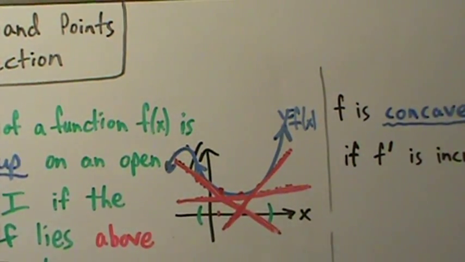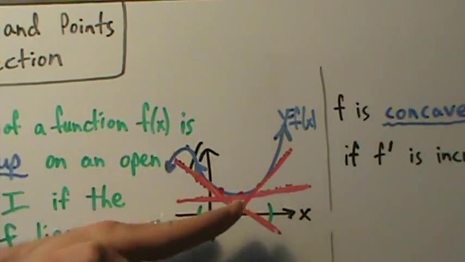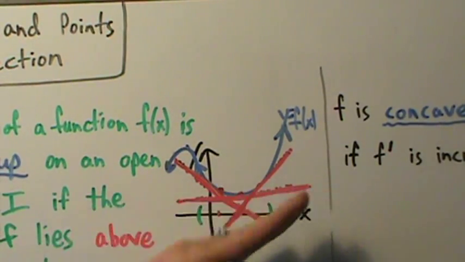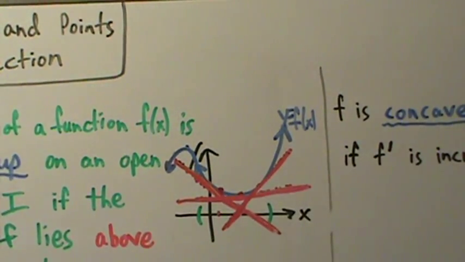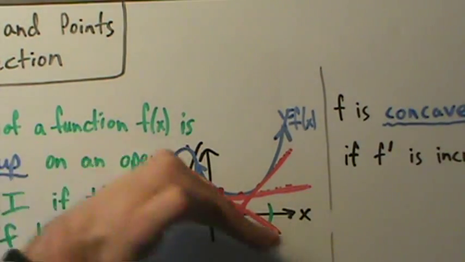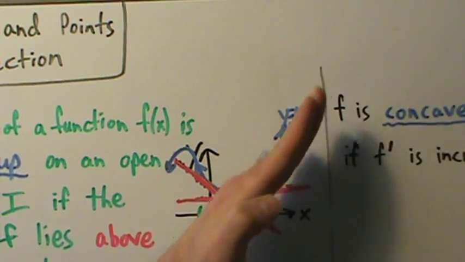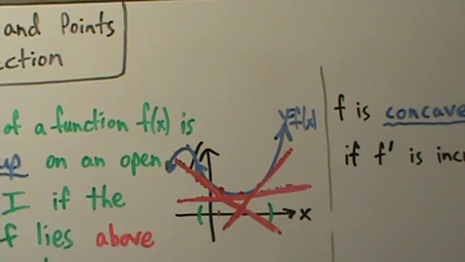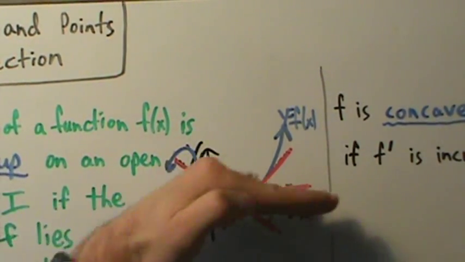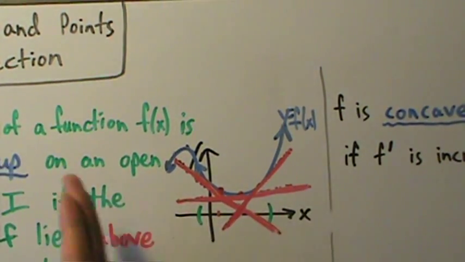As we go from left to right, we notice that the slopes are actually increasing, right? Negative number, small positive number, larger positive number. For example, these could be like negative 10, maybe 0.5, and then maybe 8. I'm just throwing numbers out there, but if you think negative 10, 0.5, and 8, those numbers are increasing as we move left to right.